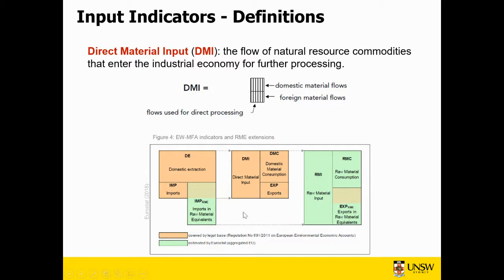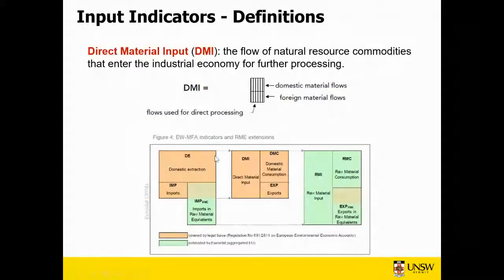All right, so what is direct material input? When we say direct, normally we are talking about materials which are used in the economy. So it's basically what we call domestic extraction, which is the extraction that happens in the territory of that country, and it's all the materials which are extracted and enter the economy, so enter the industrial processes, plus the imports.